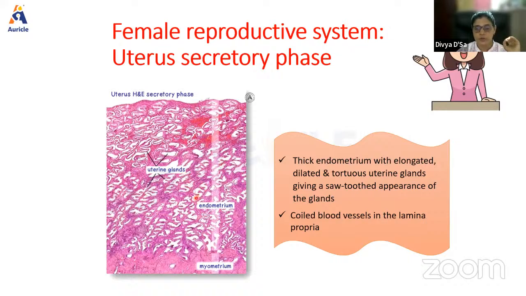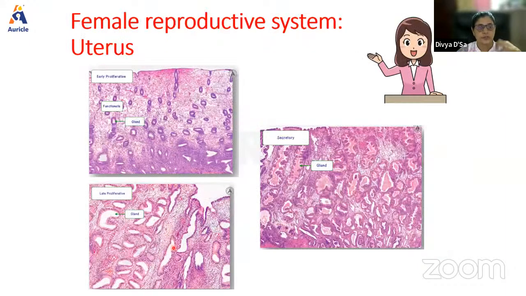We call this the sawtooth appearance of the glands. The blood vessels are also spiral, seen here in the lamina propria. And here the endometrium is very thick compared to the myometrium. So these are the phases: proliferative phase and the secretory phase.